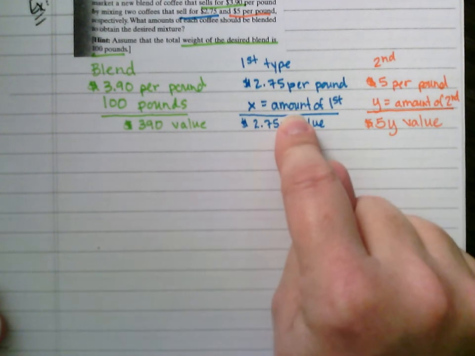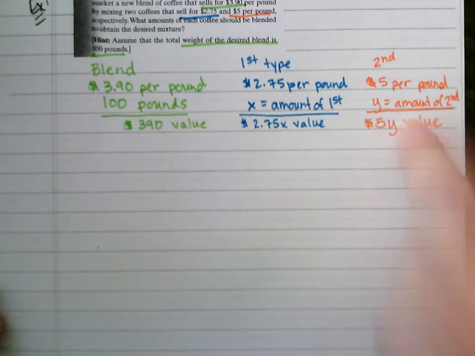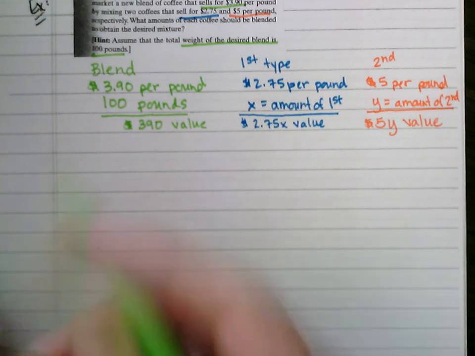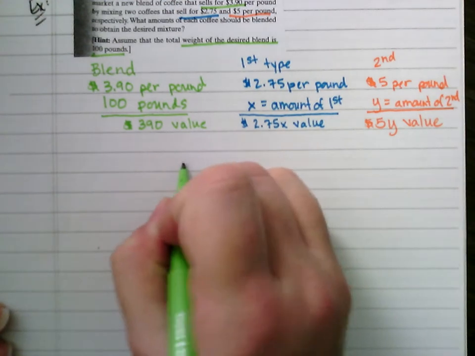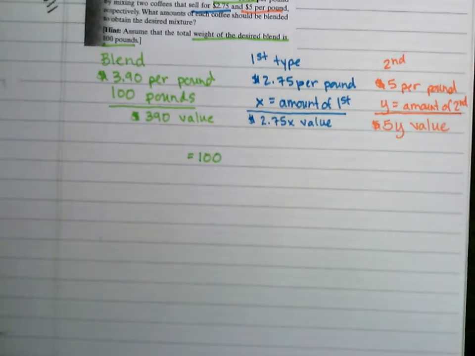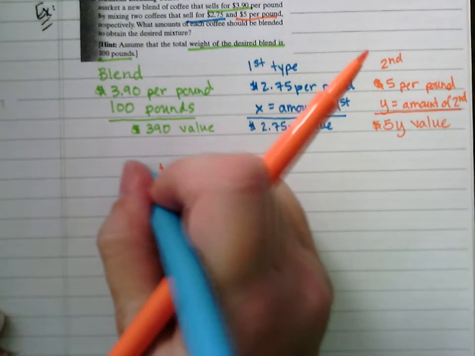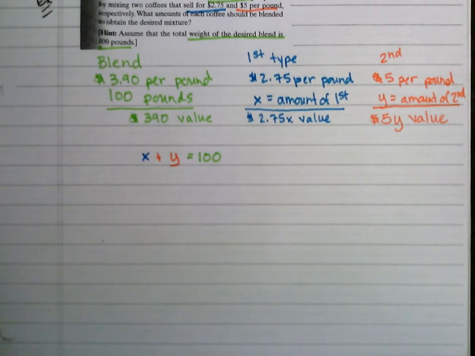We're mixing the first type and the second type. So that first equation is going to be 100 pounds for the total weight of the mixture. And the way we're getting that is by adding the two blends, X plus Y. So X plus Y equals 100 is going to be our weight equation, the weight of the mixture.